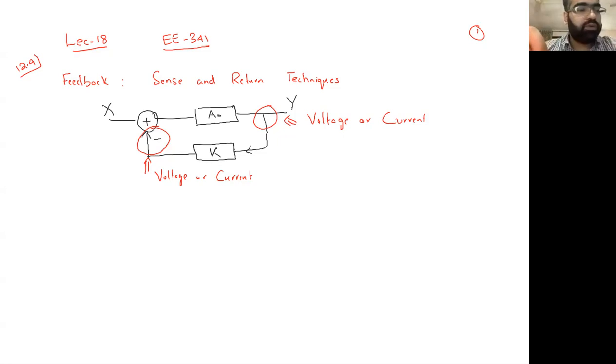And if we just want to talk about voltage, we can see something like this. This is, for example, a box, a system, and how we are sensing this voltage. How do we normally sense a voltage? If you have any black box, and we know its output is a voltage, how do you sense that output?